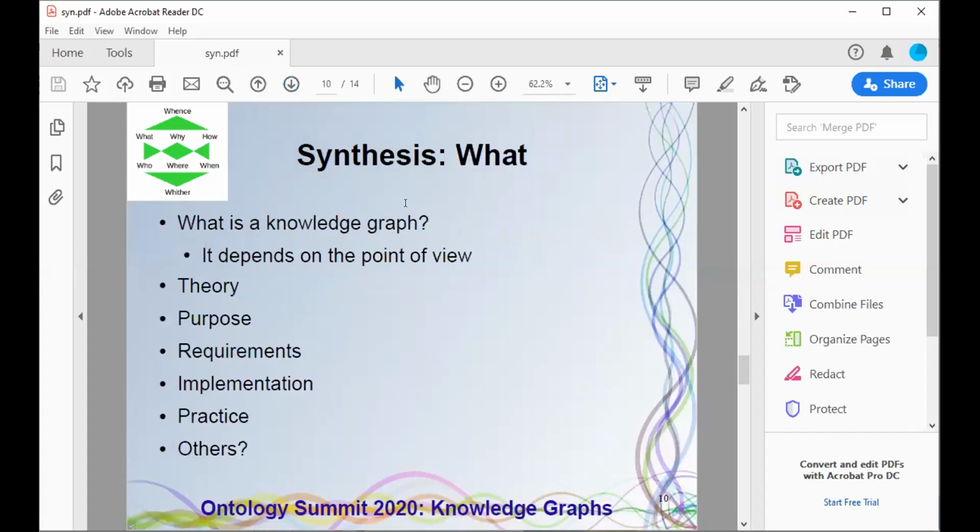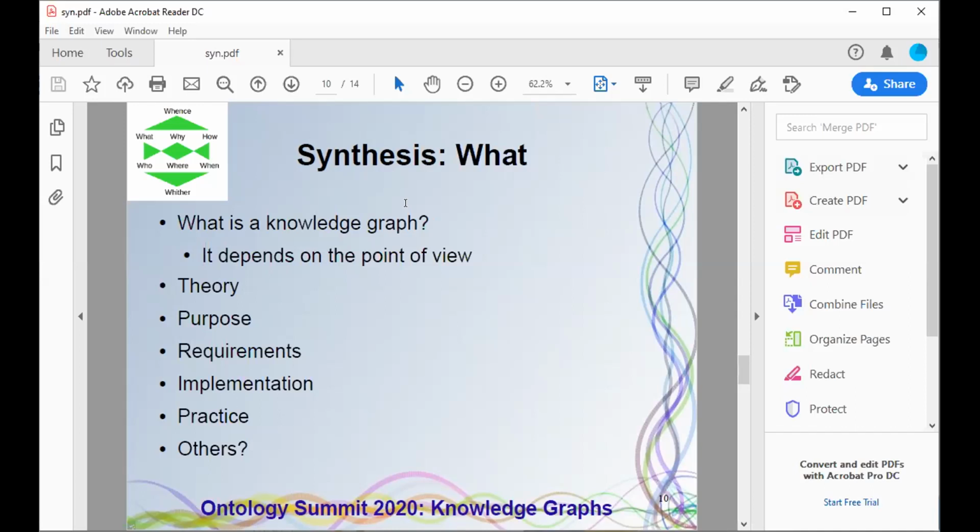Okay, so synthesis. What is a knowledge graph? And what I've seen is that there are a number of points of view. So knowledge graph is like an elephant, and a whole lot of people are feeling different parts of it. And as a result, you get a variety of different definitions of what a knowledge graph is. So you could take a theory point of view.